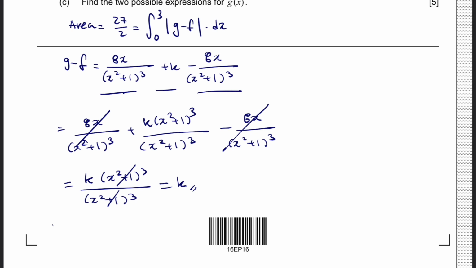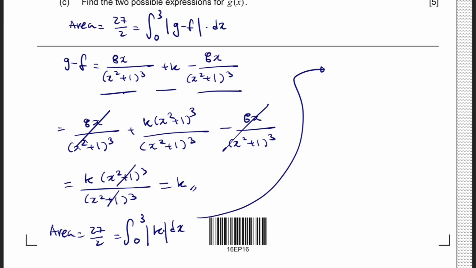Then we know that the area, which is 27 over 2, is the same as the definite integral from 0 to 3 of k times dx. Okay, then this is the same as plus or minus kx, and the range is 0 to 3 and is equal to 27 over 2.